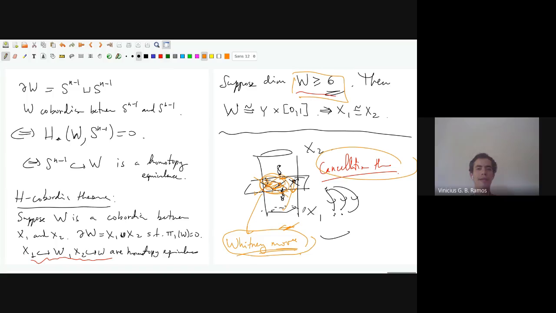That's why you need the dimension to be bigger than or equal to 5. And actually, we also need a version of the cobordism theorem where the dimension of W is equal to 5, for the case of a 5-dimensional manifold. So there's a little tweak to take care of that. But this is beyond the scope of this course; I just wanted to give you a flavor for those of you who are interested.